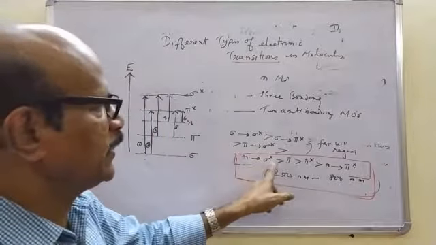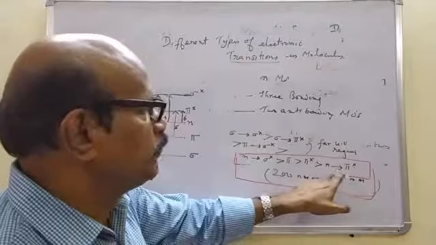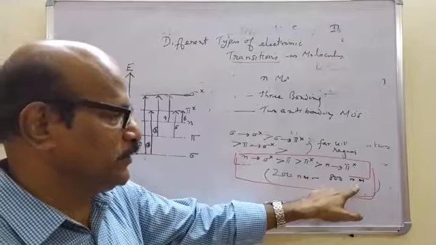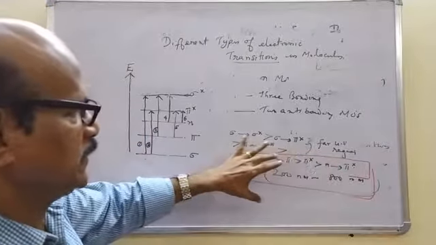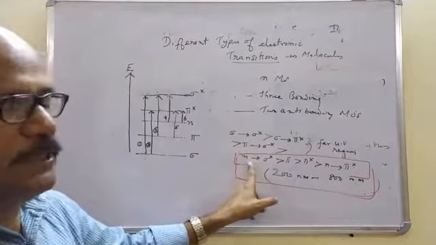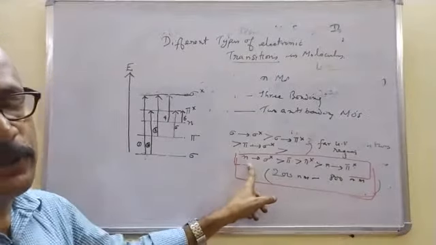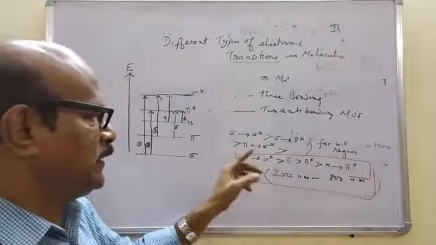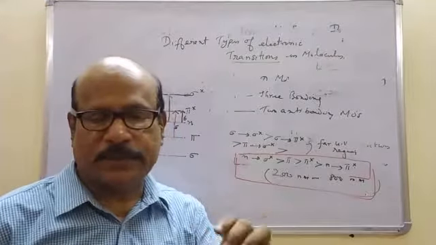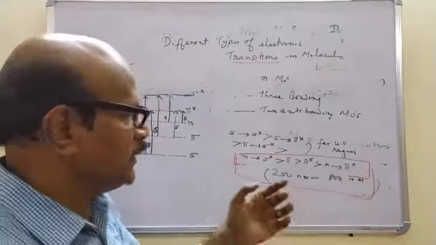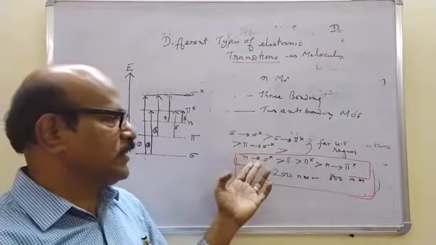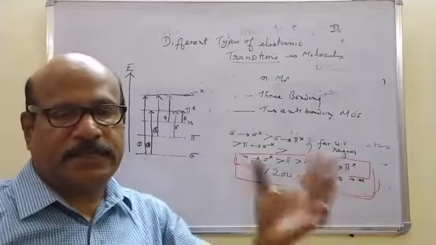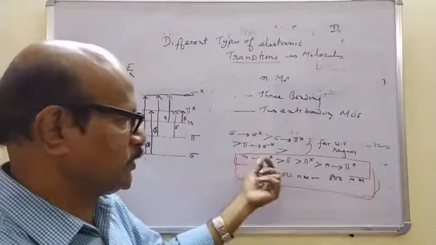That is, n to sigma star, pi to pi star, and n to pi star transitions usually take place between 200 nanometer to 800 nanometer, and we can study the molecular structure of the molecule. If the molecule contains a heteroatom like nitrogen, sulfur, oxygen, or a halogen, it surely shows n to sigma star transition by the absorption of UV radiation. Thus by the electronic excitation we can get structural information.